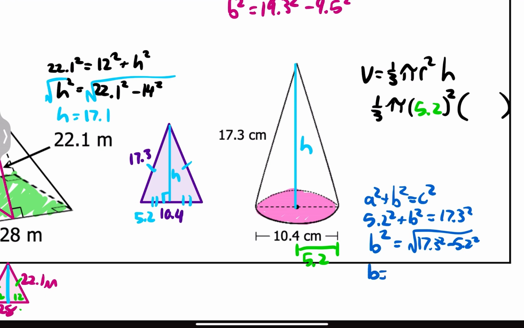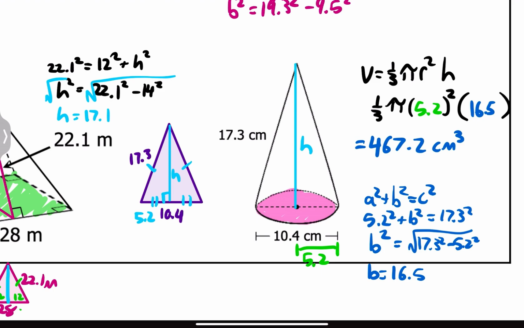B is going to equal 16.5. Okay, not a bad number. So we're going to plug it in. Type all of this in the calculator and you should get 467.2 cubic centimeters.